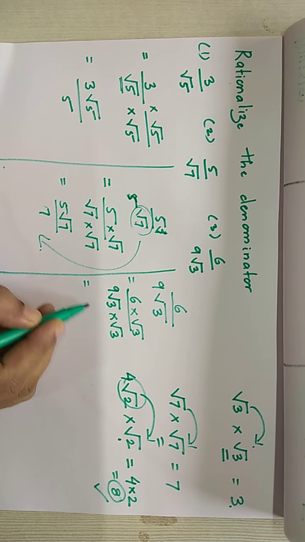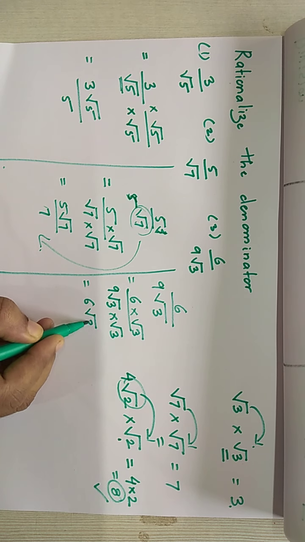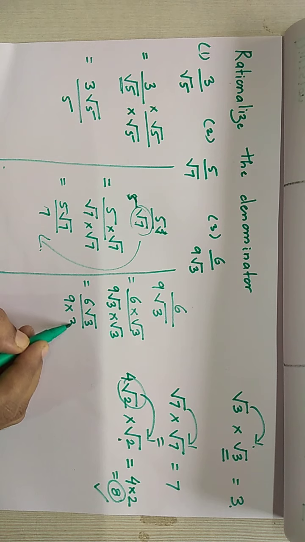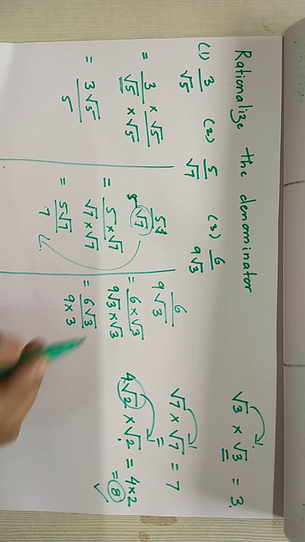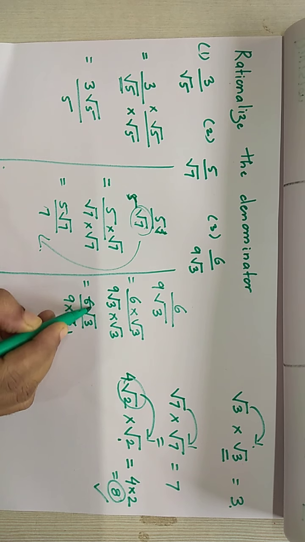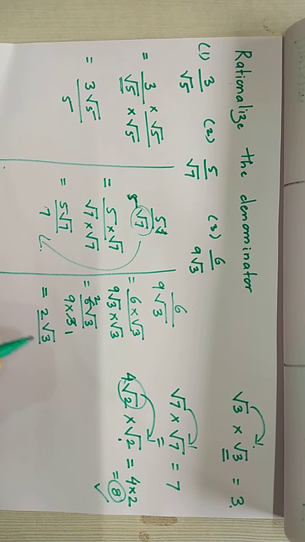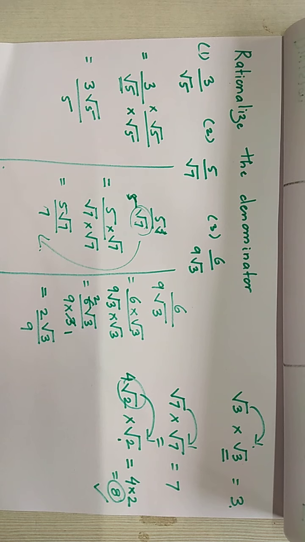What is root 3 into root 3? 3. Now if you observe, cancellation happens over here. 3 ones are 3, 3 twos are 6. So this will be 2 root 3 upon 9. Final answer, 2 root 3 upon 9.